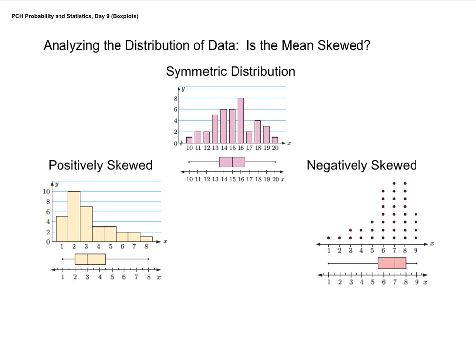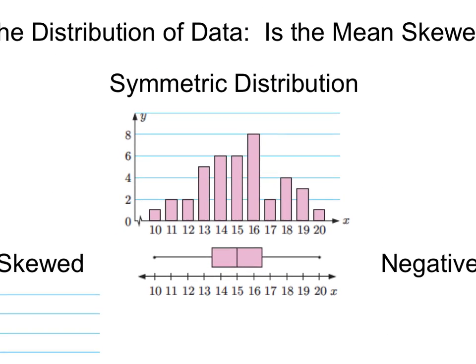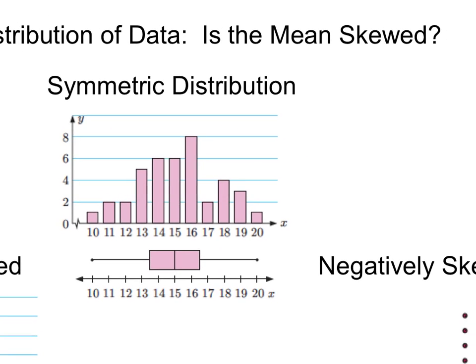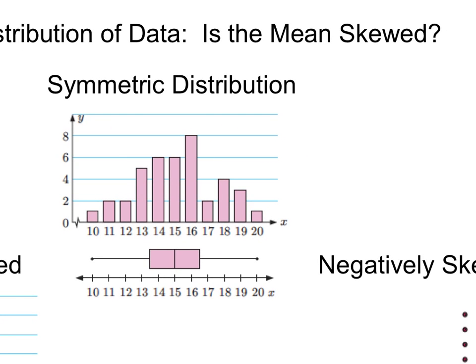We've looked at histograms and these kinds of charts, but also with the box plots. I like these pairings of the graphs because it allows us to see kind of a side-by-side comparison. Okay, and we're talking about, is the mean skewed?